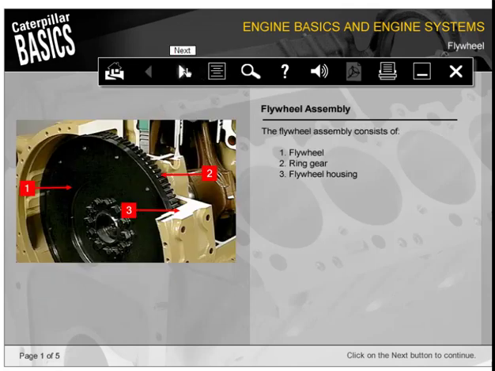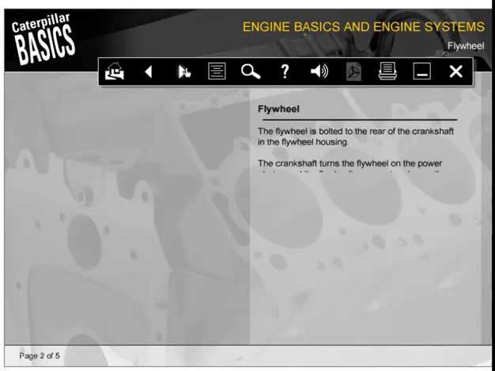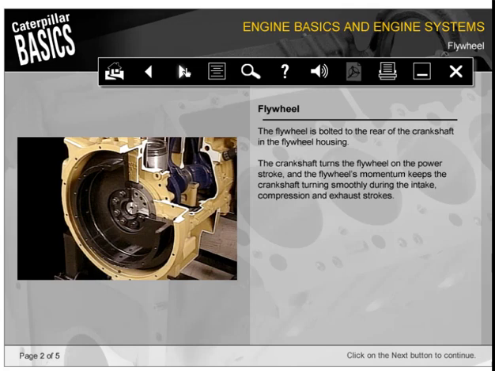The flywheel assembly consists of 1, the flywheel, 2, the ring gear, and 3, the flywheel housing. The flywheel is bolted to the rear of the crankshaft in the flywheel housing. The crankshaft turns the flywheel on the power stroke, and the flywheel's momentum keeps the crankshaft turning smoothly during the intake, compression, and exhaust strokes.